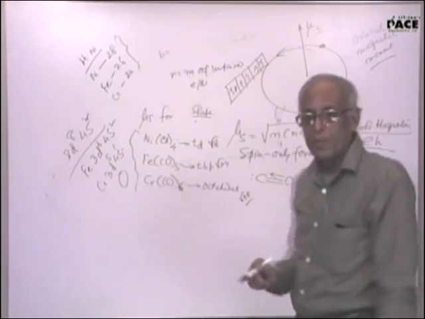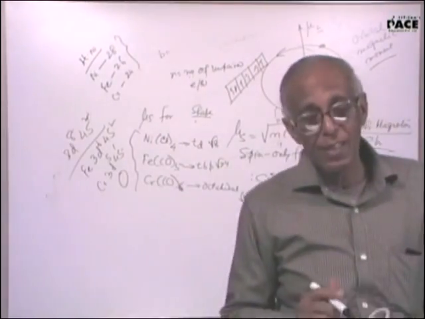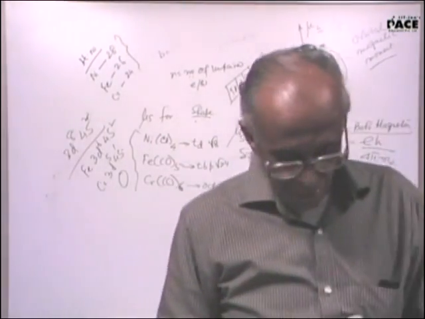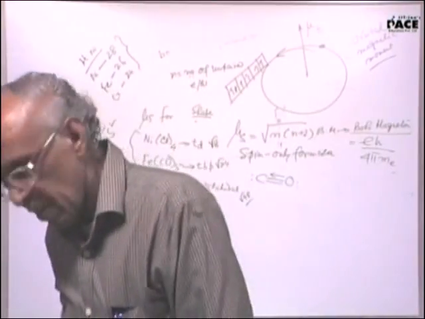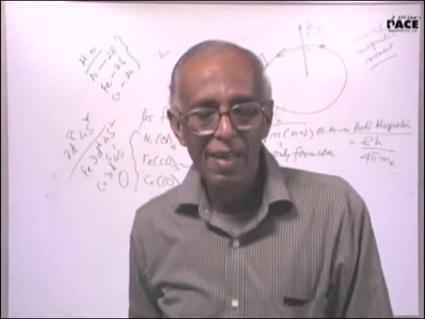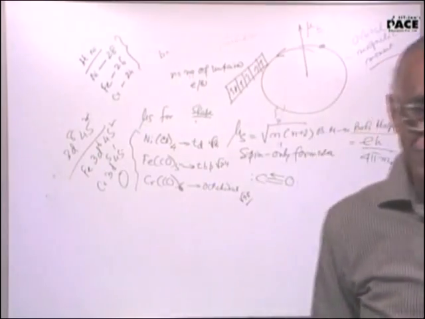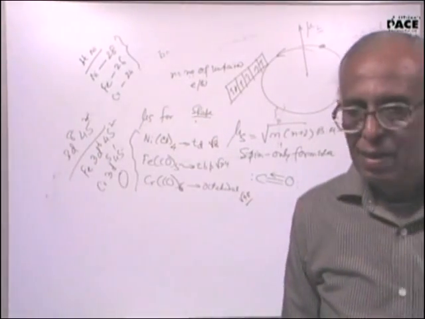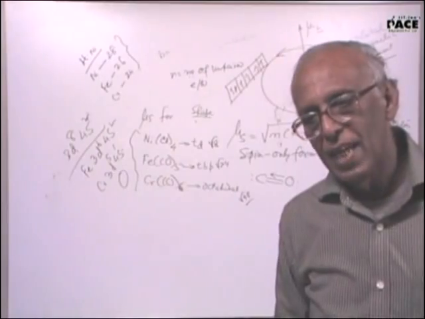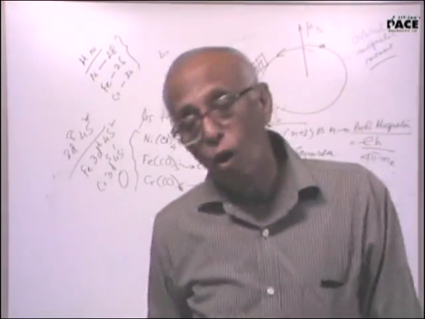For metal carbonyls, write down: transfer the s electron to d and pair all the electrons.